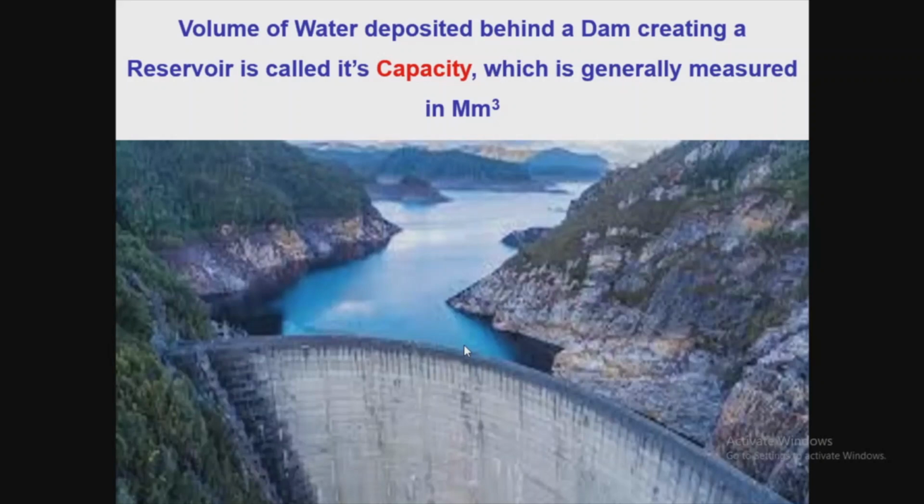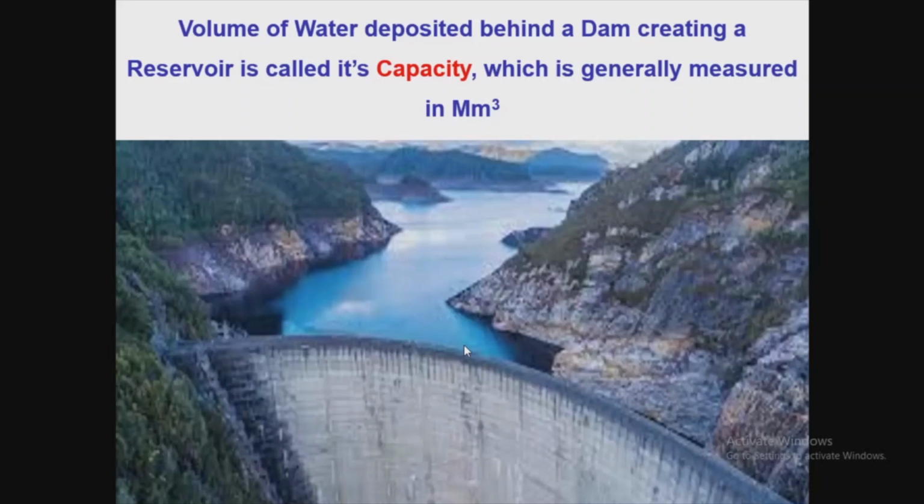We say that it is in liters, but because it is a huge storage behind the dam, the unit for the capacity is million meter cube. You can express it in meter cube also, or in hectare meter also, but the generally used term is million meter cube.